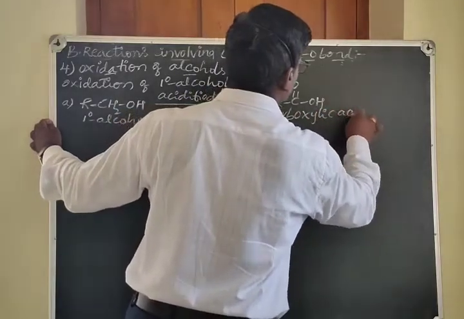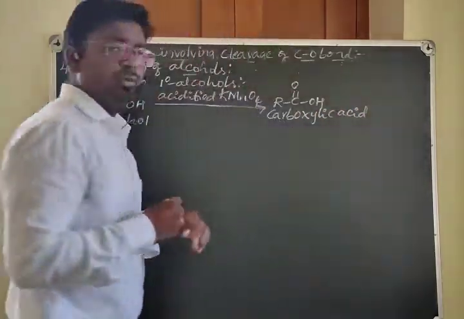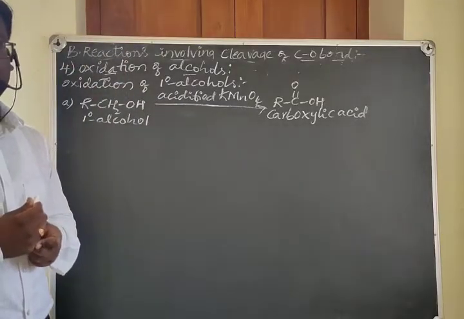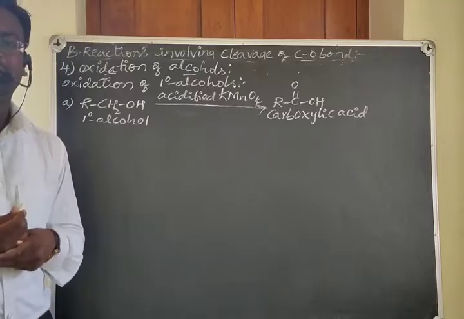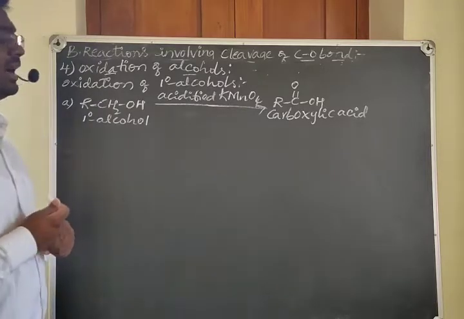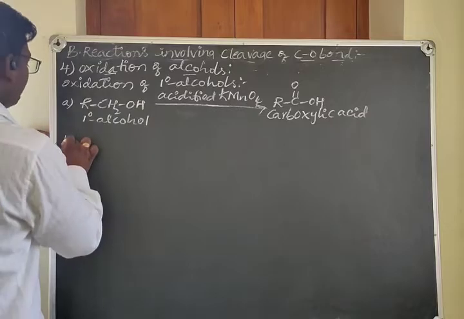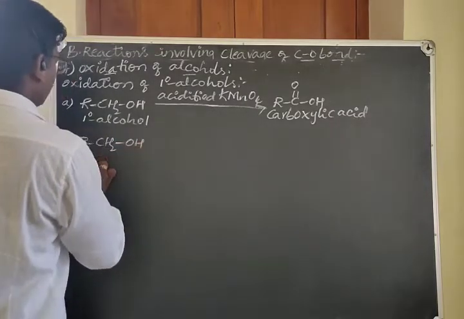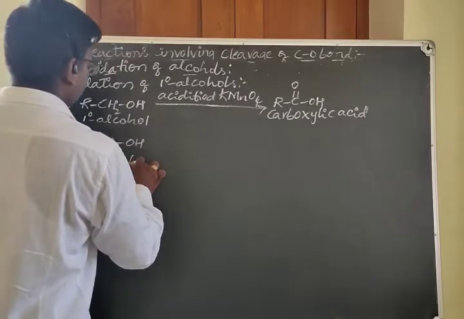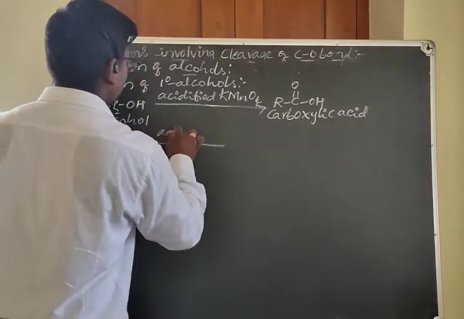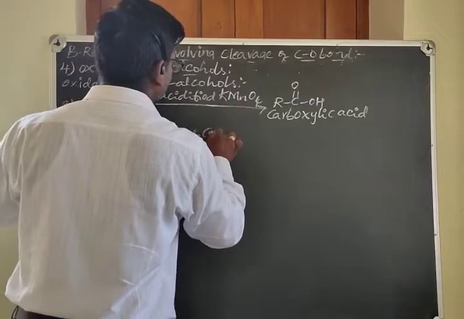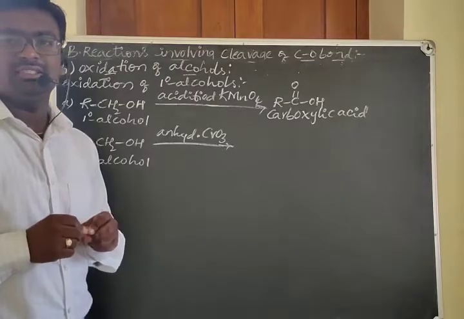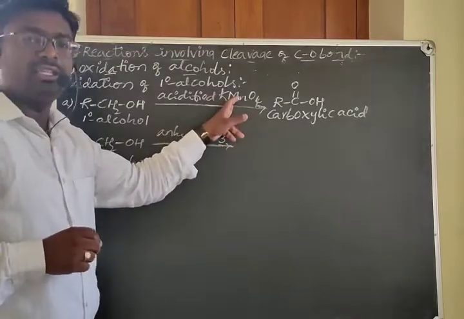Okay. But to prepare aldehydes from these primary alcohols, you need to use some other oxidizing agents such as anhydrous chromium trioxide. This CrO3 is an oxidizing agent, but not as strong as KMnO4.